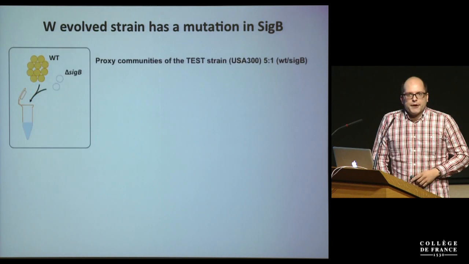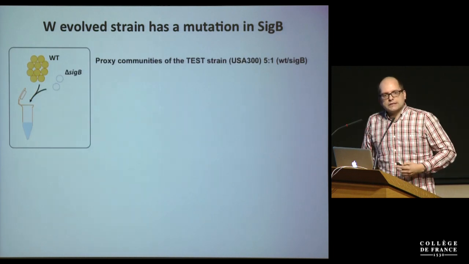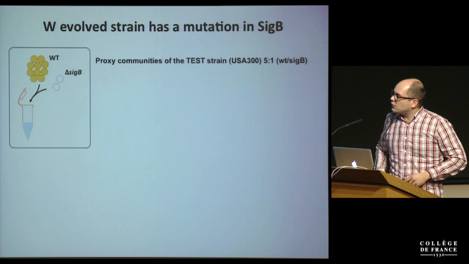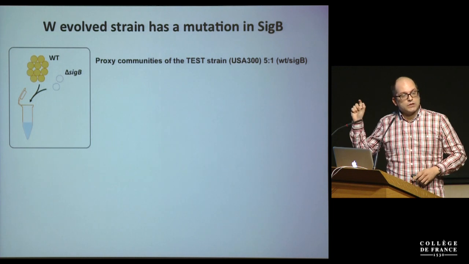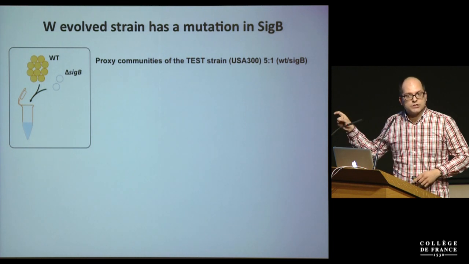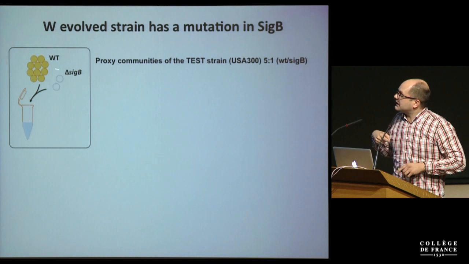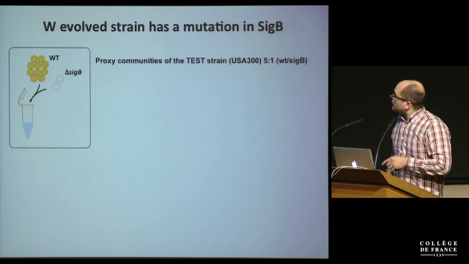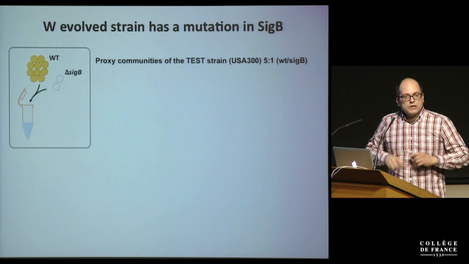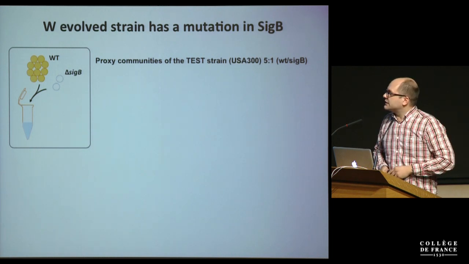So we generated artificial assays, more like a synthetic colony, in which we mix another MRSA strain, in this case USA300. This one doesn't make the flower phenotype in these conditions, and we generated a wild type and a sigma B mutant. We mixed them in the ratio that we find in the flower at day 2, and we plated them in TSB magnesium.